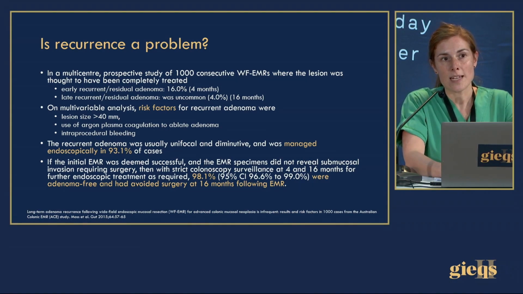However, recurrent adenoma was usually diminutive, unifocal, and can be treated endoscopically in 93% of cases. So if the initial EMR was deemed successful and there was no submucosal invasion, 98% of people were adenoma-free and had avoided surgery at 16 months following EMR.